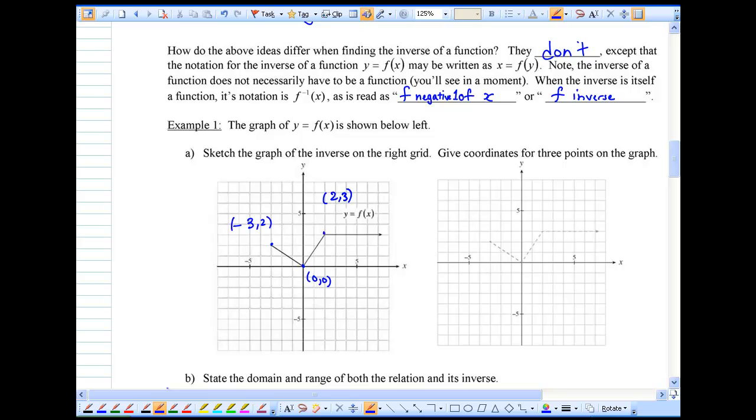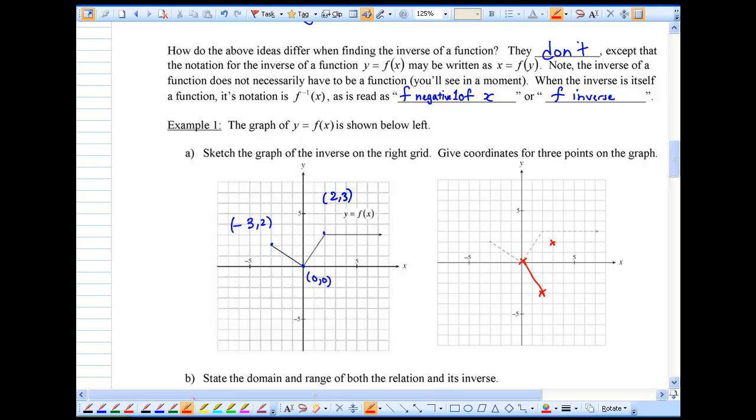Alright, well, what do we do when we do the inverse? You're thinking, let's switch them. So sure, negative 3 comma 2 becomes 2 comma negative 3 down here. 0 comma 0, when I switch it, still becomes 0 comma 0. And then 2 comma 3 becomes 3 comma 2. If you're connecting them together, let's see what happens.